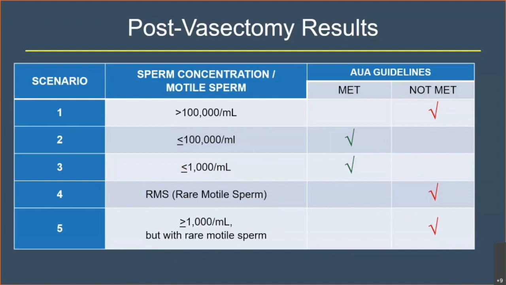Similarly, the third scenario, less than 100,000 per ml sperm, meets the AUA criteria. Whereas scenarios 4 and 5 have presence of a rare motile sperm, which will not meet the criteria. And these tests have failed the AUA guidelines.